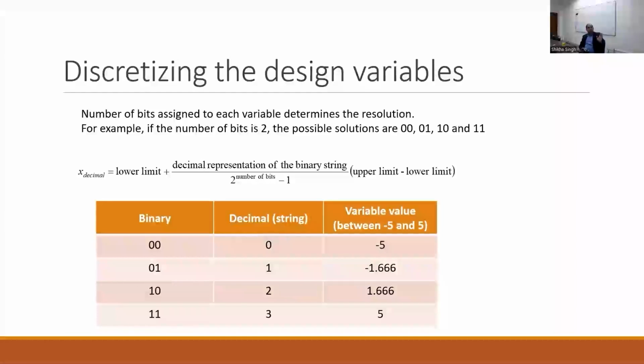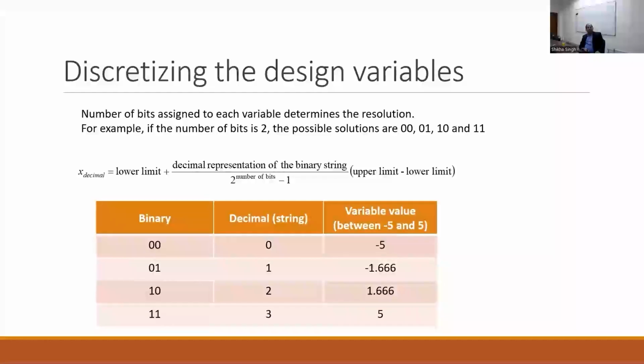If you just convert it directly to decimal, you get 0, 1, 2, 3, right? That's direct. But then now you can map it to the interval negative 5 to 5. So there's only 4 points possible: negative 5, negative 1.666, positive 1.666, and 5.